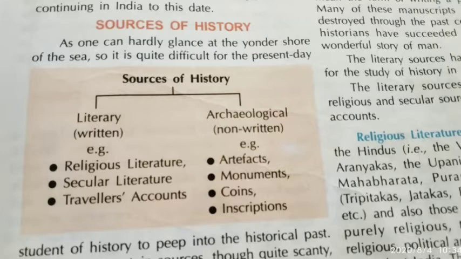And under secular literature, we have so many books here also, like the Arthashastra written by Kautilya, which gives us information about ancient administration and the contemporary society, and the Mudrarakshasa by Vishakhadatta, which yields valuable information regarding the Nandas and the Mauryas.